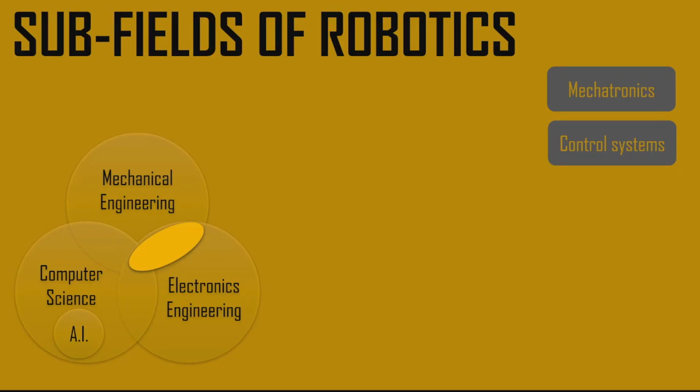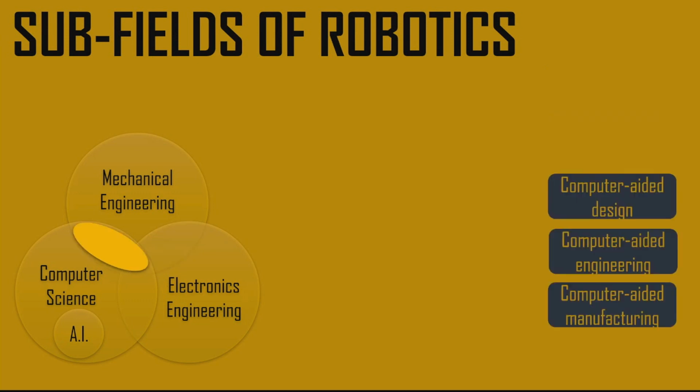First, what are the fields that are at the intersection of mechanical engineering and electronics? It's a field called mechatronics. And another important field that is common to both mechanical engineering and electronics engineering is control systems, which is an essential part of robotics, which is absolutely critical for robotic systems.